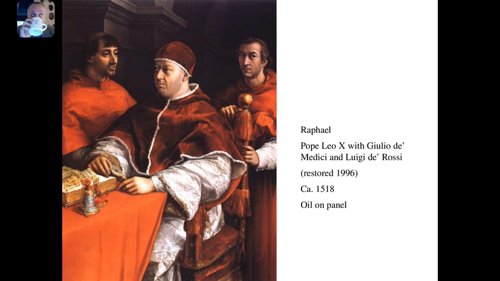Raphael has kind of gotten on the bandwagon here. So definitely he was familiar with those northern approaches to painting and has incorporated some of that in his work that we see here.